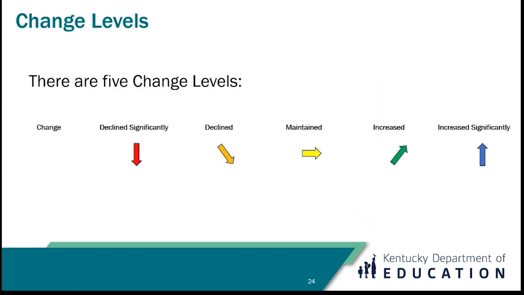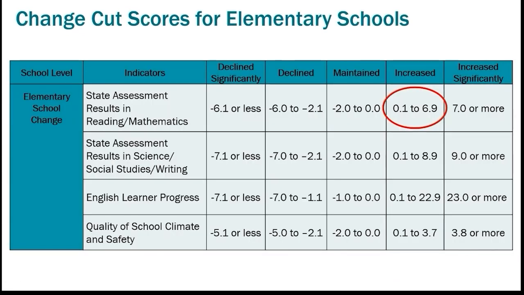The numeric change score for each indicator is assigned a color change level. Red indicates declined significantly, orange declined, yellow maintained, green increased, and blue increased significantly. In our elementary reading and mathematics example, we calculated a change score of 1.9.